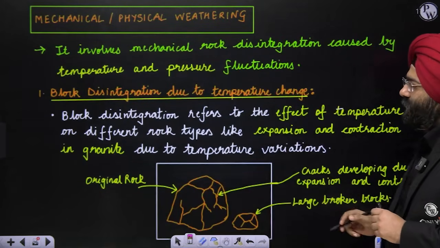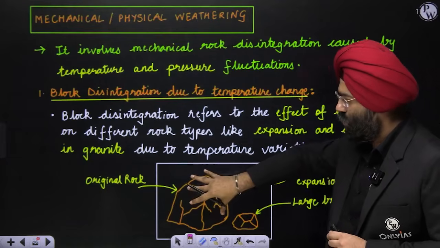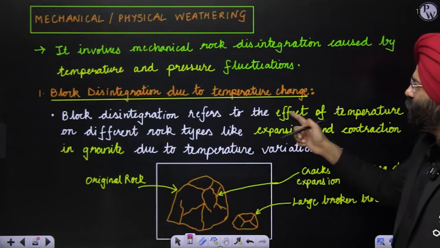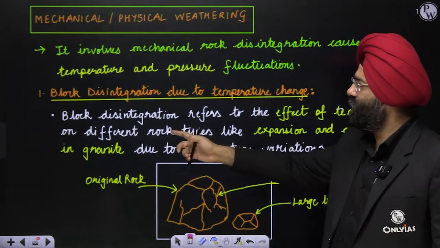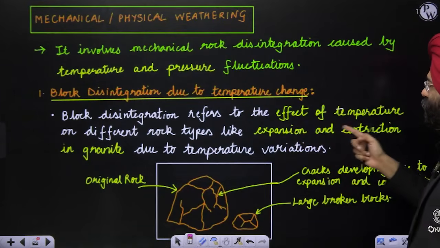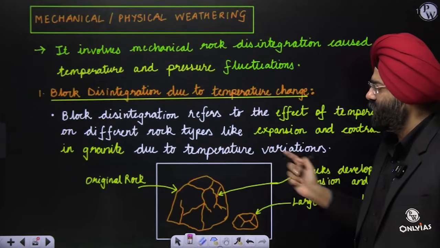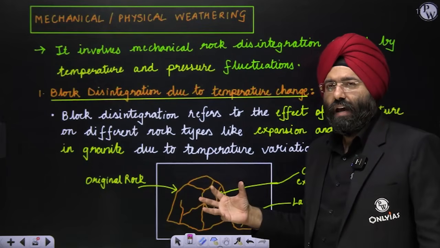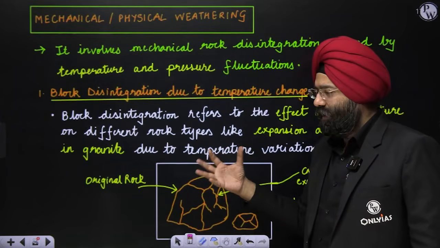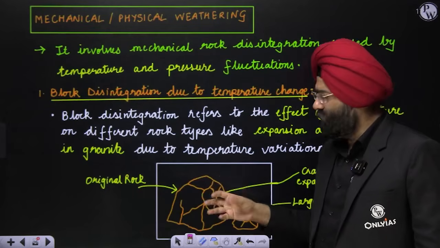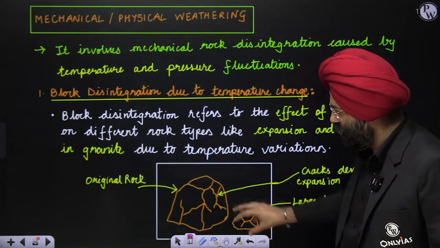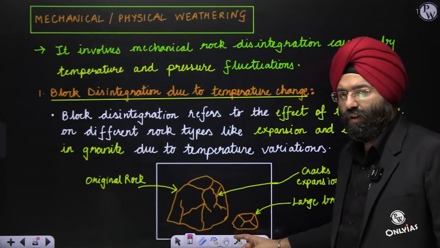Now see, let us assume this is the original rock that is present, right? The block disintegration refers to the effect of temperature on different rock types, like expansion and contraction in granite due to temperature variation. Now let us say this is a granitic rock and a lot of outside temperature variations are taking place, because of which a major part of the block basically falls down under the influence of gravity over here.